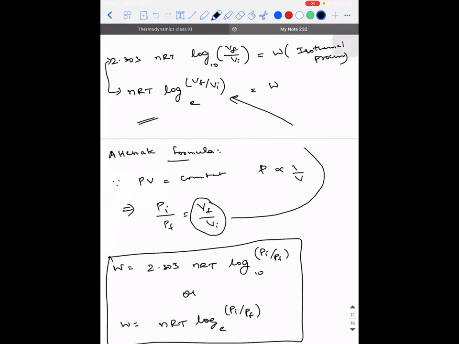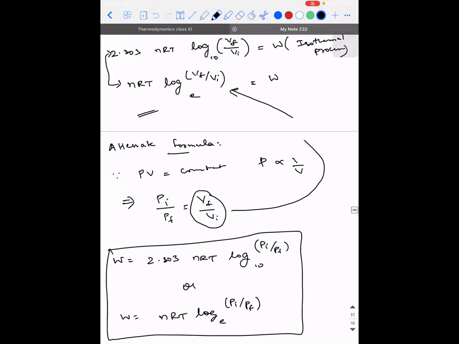So you need to have clarity of which one is right. Is that clear, guys? Clear, sir.